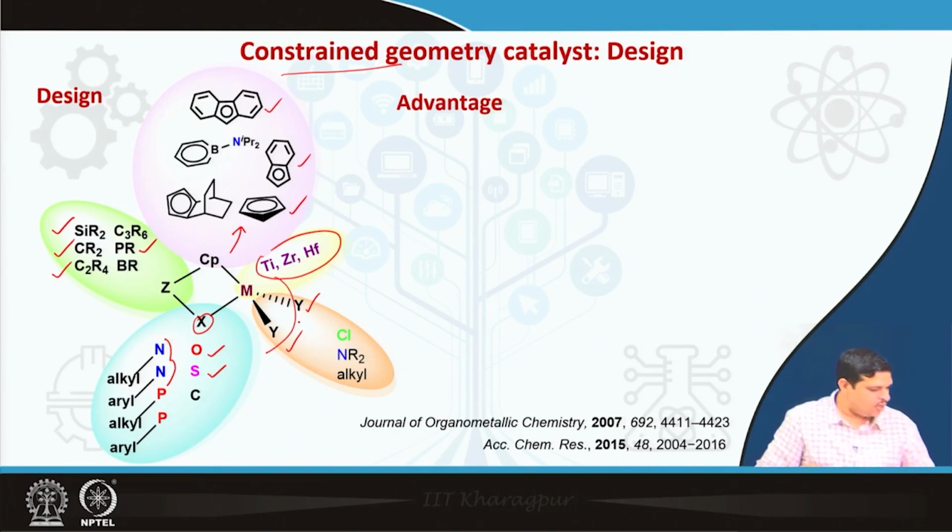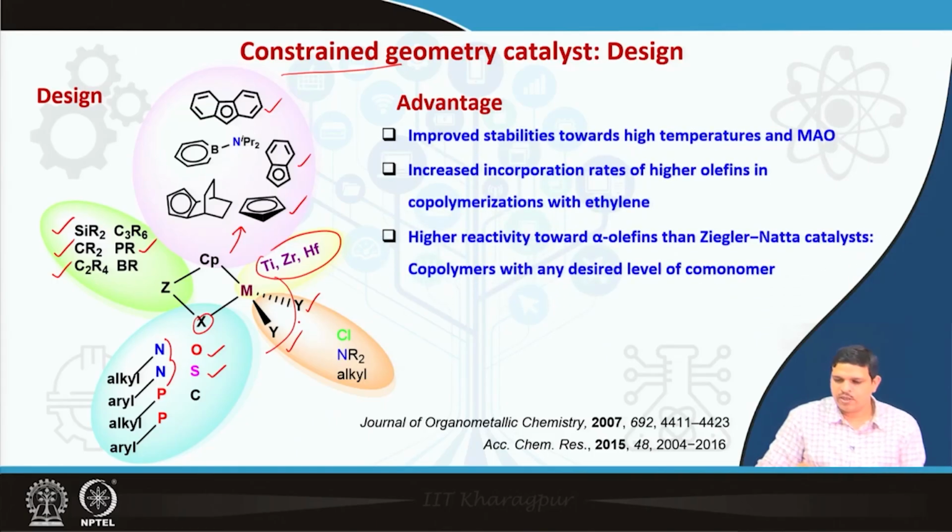And the advantages are lots, as I discussed, that is improved stabilities. These are quite stable compared to the zirconocene metallocene compounds. So that is really good and more economic.